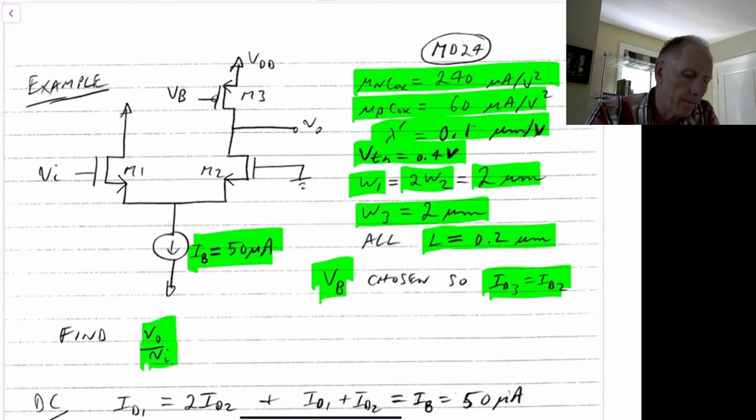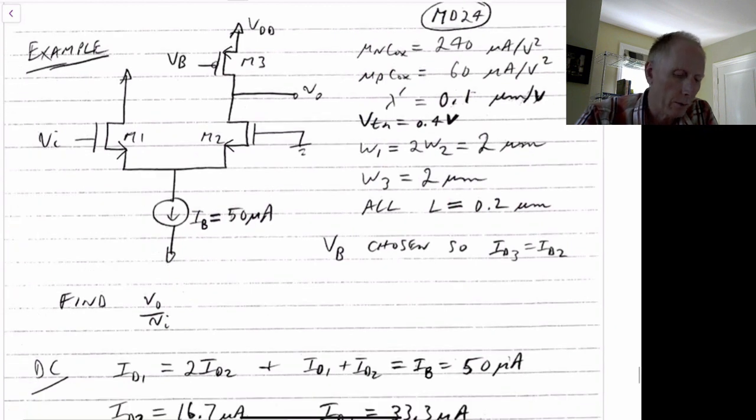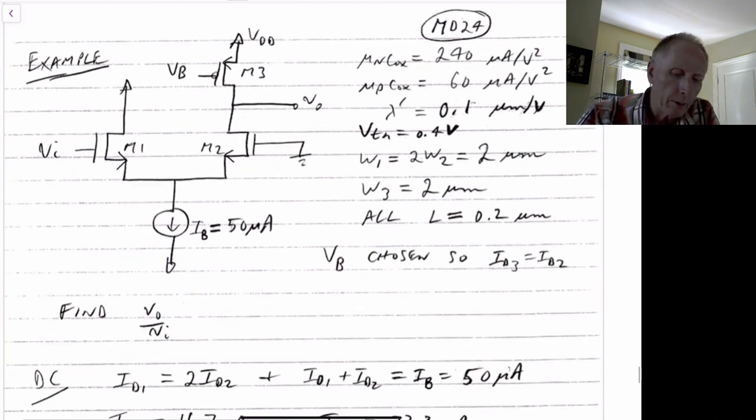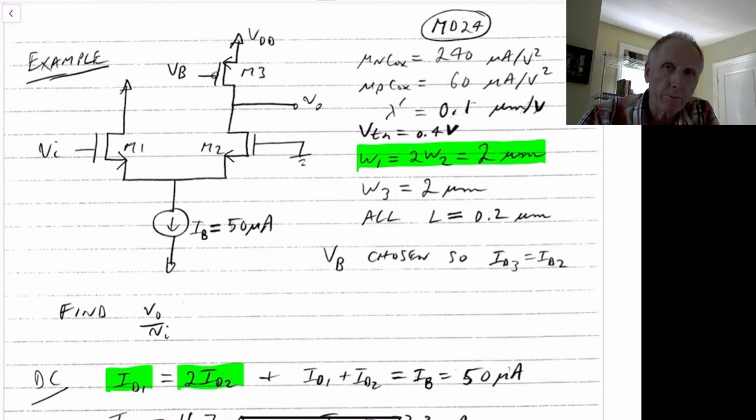So first we need to do DC analysis, and then we can do our small signal gain. First we note that because of this relationship, W1 is twice the width of W2. That means that ID1 will be twice the current of ID2, because we're assuming first off that VI is equal to 0.